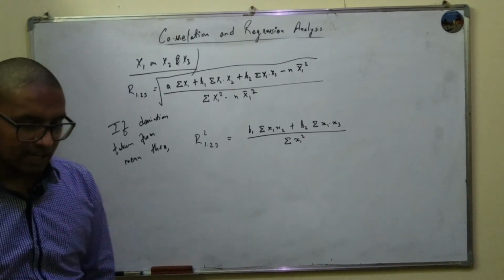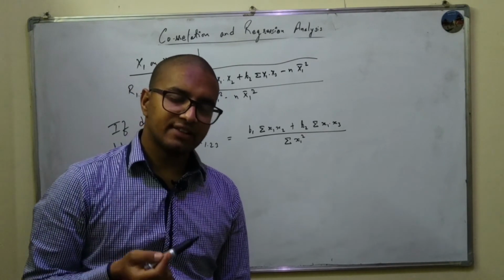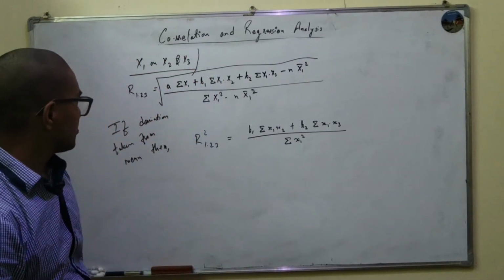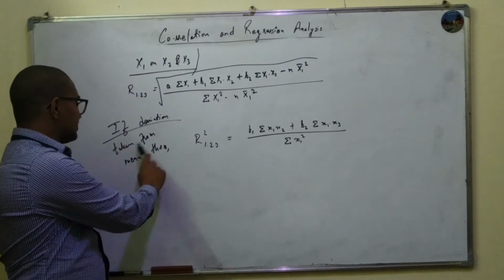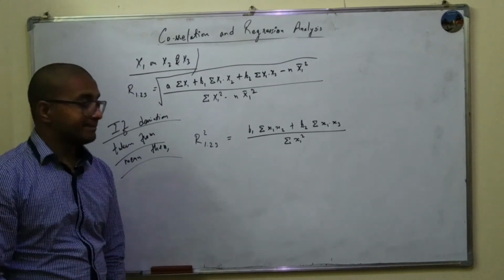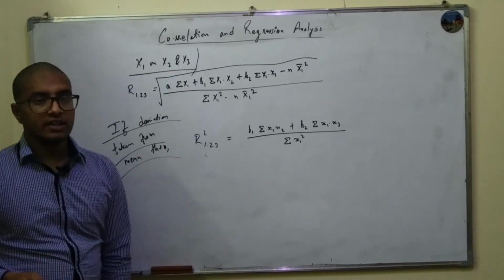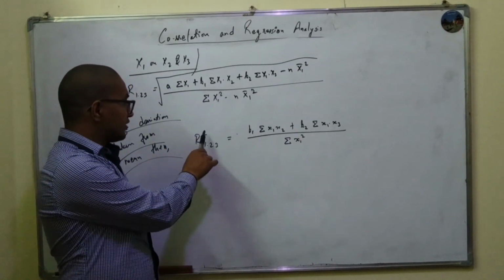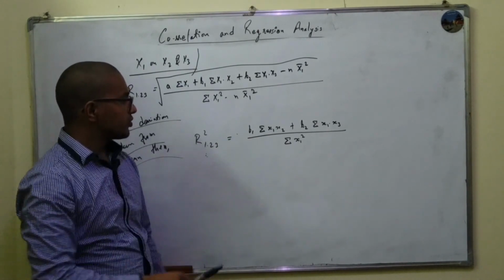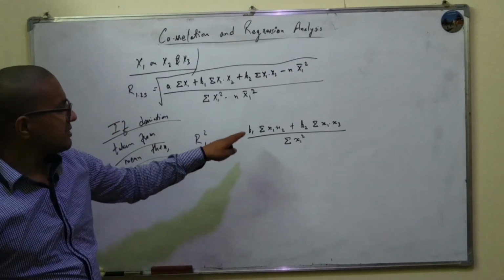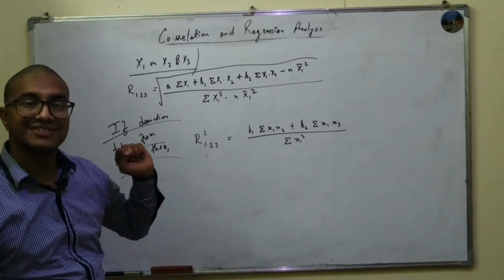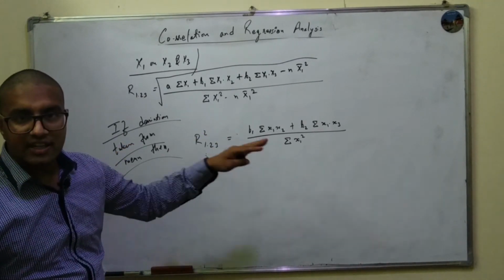Sometimes, as we discussed earlier, the deviation has already been taken from the mean. In that case we will use this formula, where there will be no a, and r1.23 will be b1 summation x1 x2 plus b2 summation x1 x3, divided by summation x1 square.